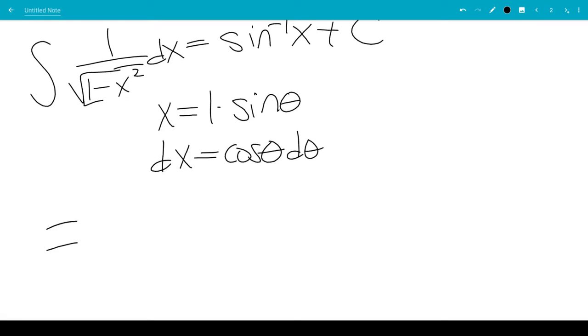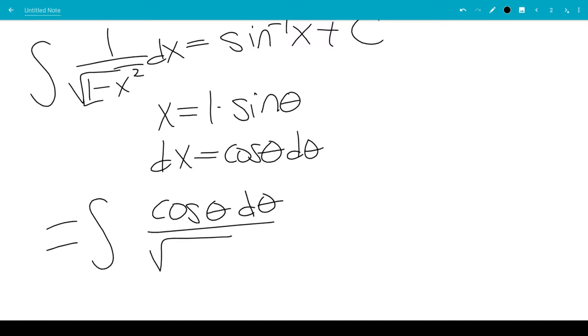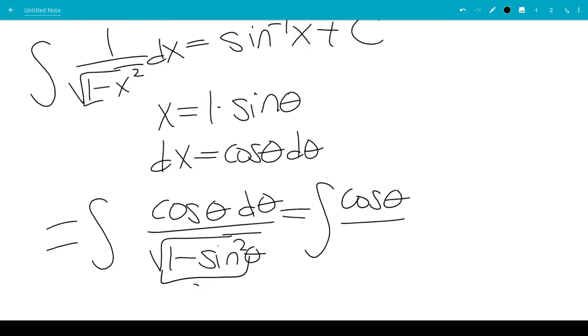This will be the integral of cosine theta d theta over the square root of 1 minus sine squared theta. So this will be the integral of cosine theta over, well, this is cosine squared theta. So under the square root, you'll just get cosine theta, which is just 1.